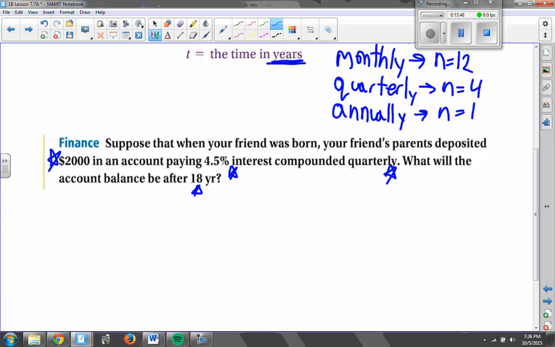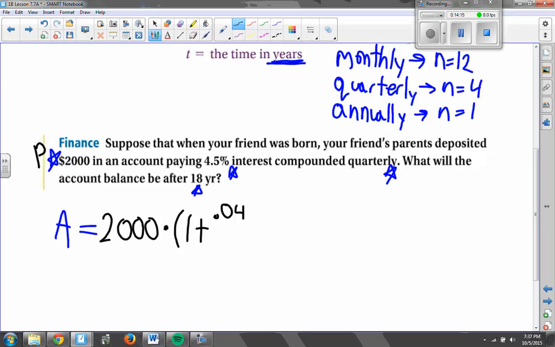So I know that my account balance is equal to my principal amount, which hopefully you can see is right here. Principal, $2,000, times, in parentheses, 1 plus my rate, which is my interest rate expressed as a decimal. So 4.5% should be 0.045.